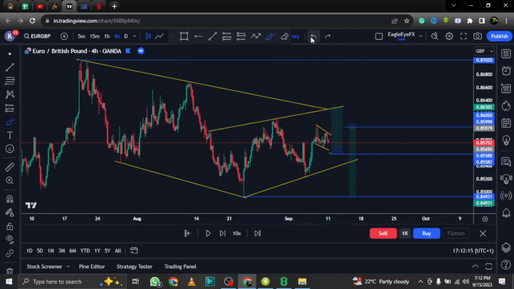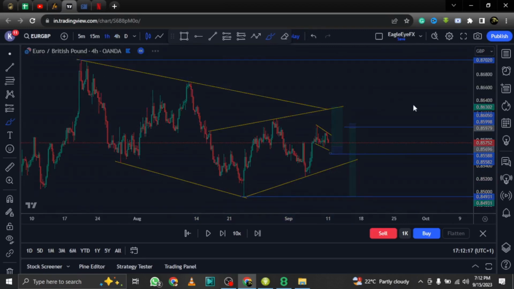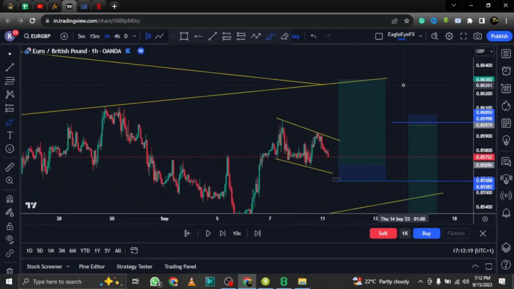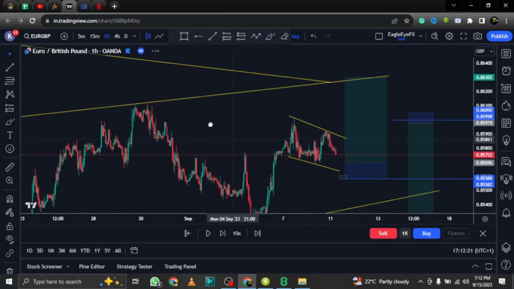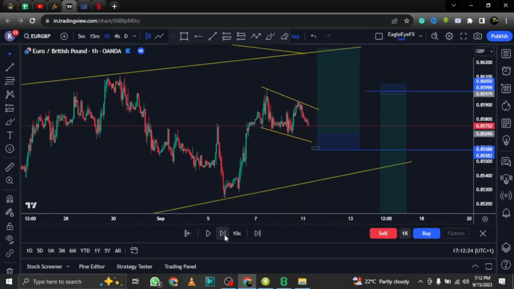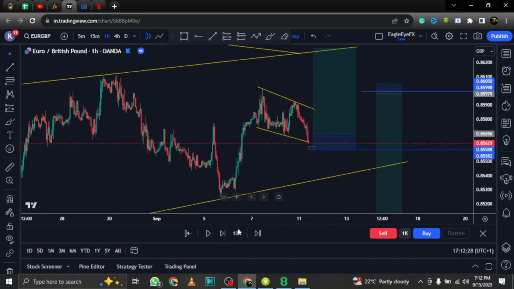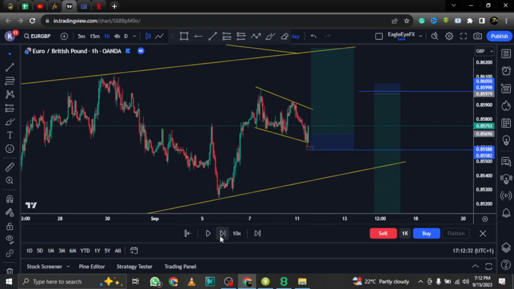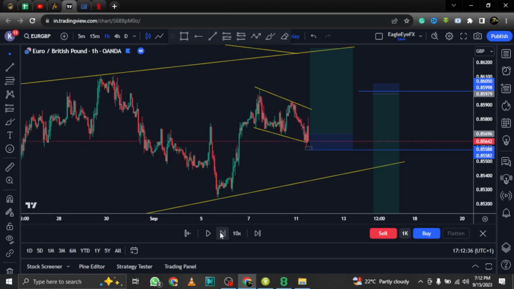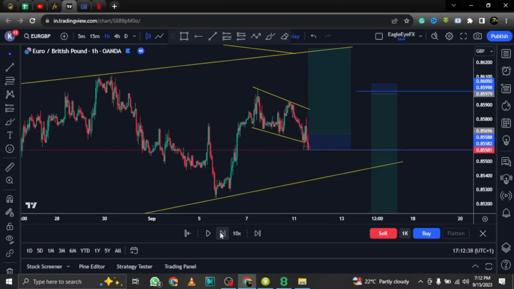At the first instance, if I go to the 1-hour time frame, initially I took a loss. So I'm going to show you what happened. I think I entered there initially, then this particular spike here is one that took me out, but I knew that this was a high probability setup.